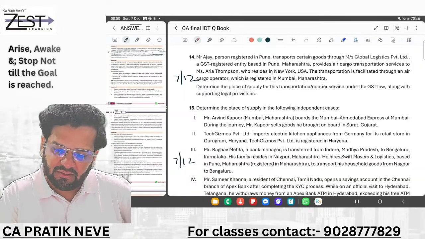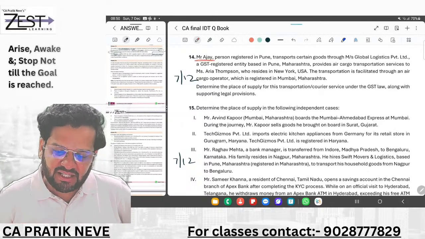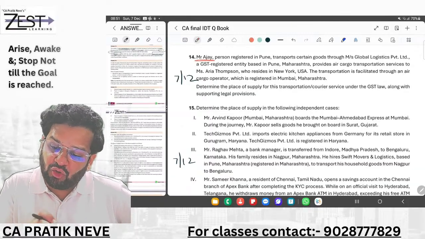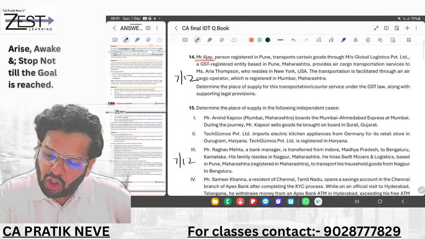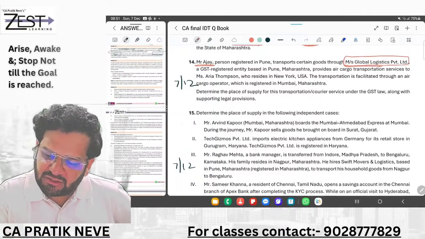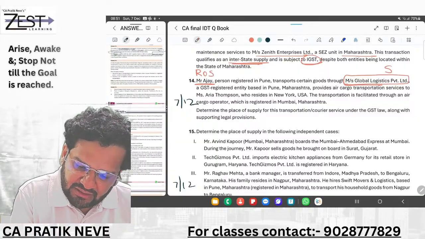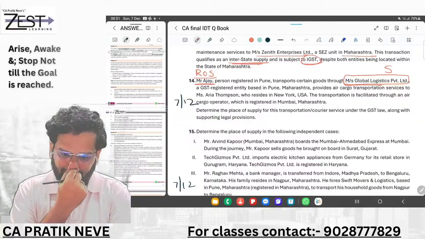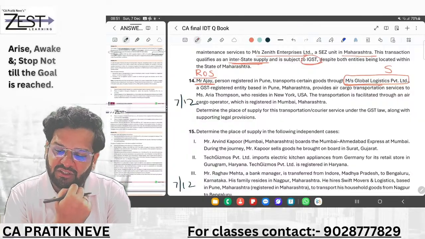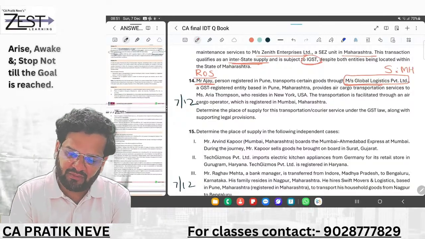Then the 14th, Ajay Enterprises, sorry, Mr. Ajay, a person in Pune, transports certain goods through Global Logistics Private Limited. So friends, Global Logistics Private Limited is the supplier. Ajay is the recipient of supply, a GST registered entity based in Pune. So the supplier is in Maharashtra.